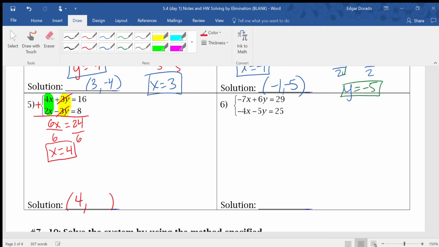Okay, so now I have my x equals 4. So into this original equation, which was 4x plus 3y equals 16, I'm going to substitute that in there. I'm going to get 16 plus 3y equals 16. Subtract 16.